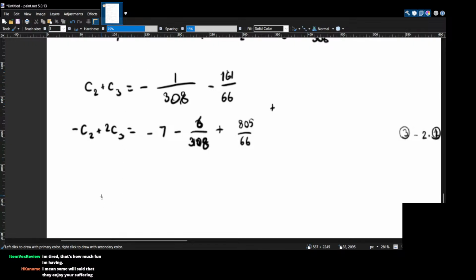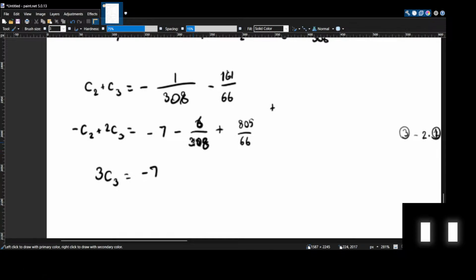Honestly, that's valid. This becomes 3C3 equals negative 7. If you add them up, this becomes negative 7 over 308. 7 over 308, it is divisible, but what do you get? 7 over 308 becomes 1 over 44. This becomes 1 minus 44.